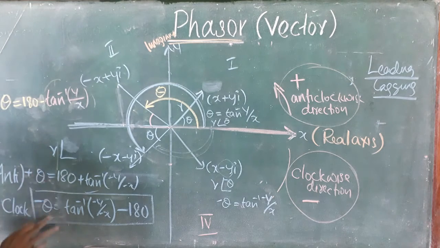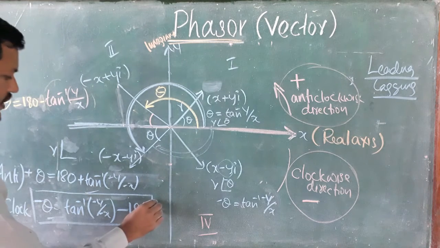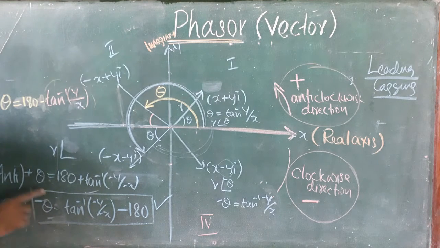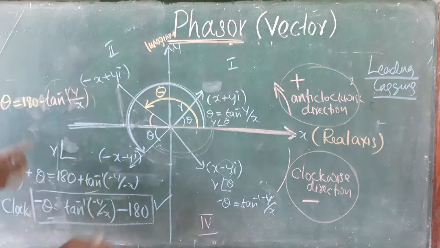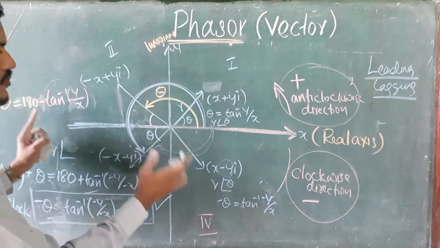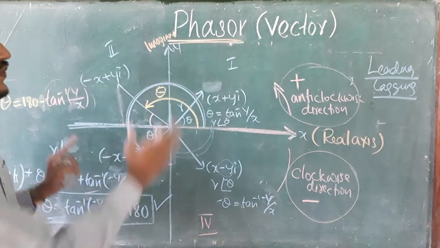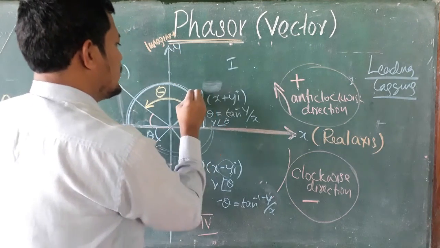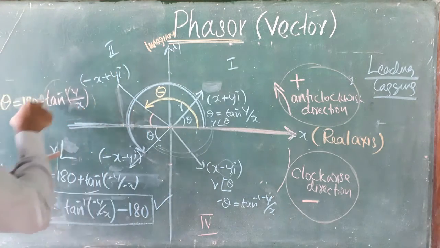So remember these two conversions, the calculators use this one, and you can use this one also. Both answers are correct. Clear? So just remember all the points. Whenever we are doing phasor calculation, first quadrant should be positive, second quadrant will get negative.